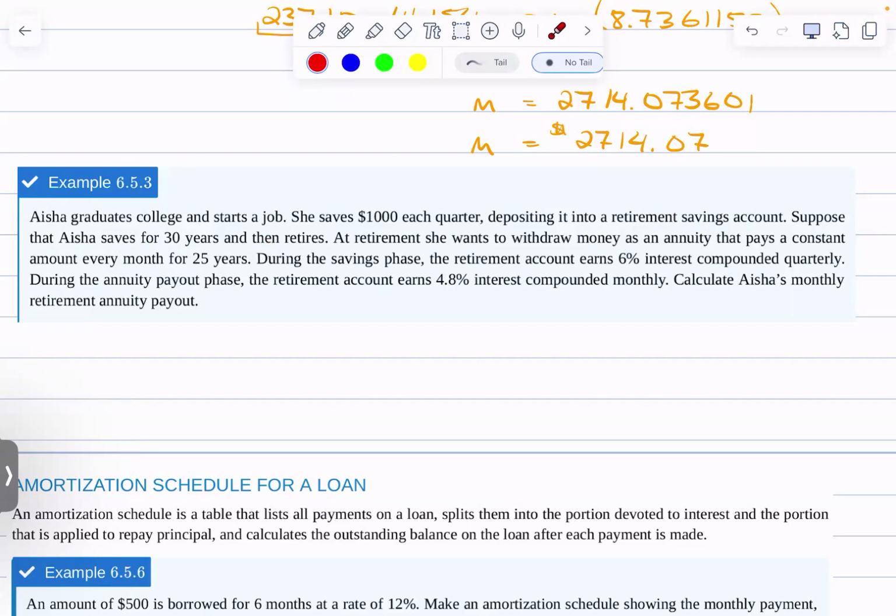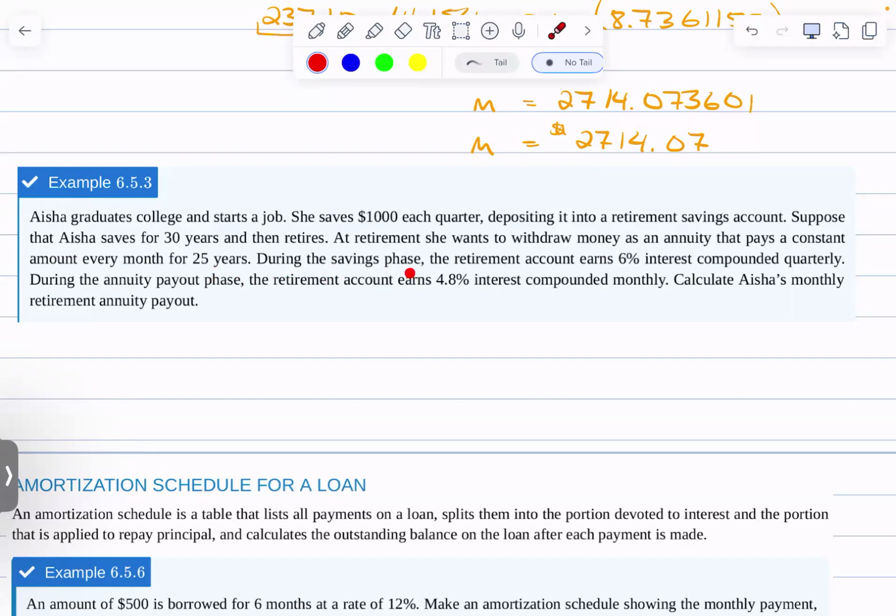She's making payments, and they're going to grow, right? And be worth something at the end of 30 years. At retirement, she wants to withdraw money as an annuity that pays a constant amount every month for 25 years, right? So she's determined, okay, for 25 years and then the end, I guess, or you're poor.